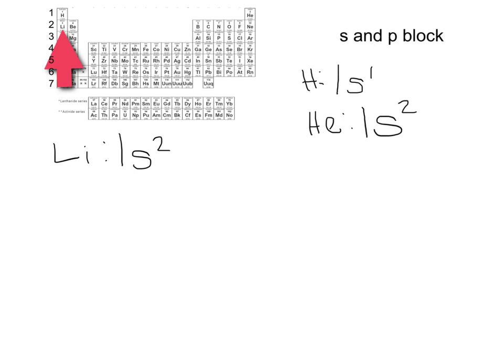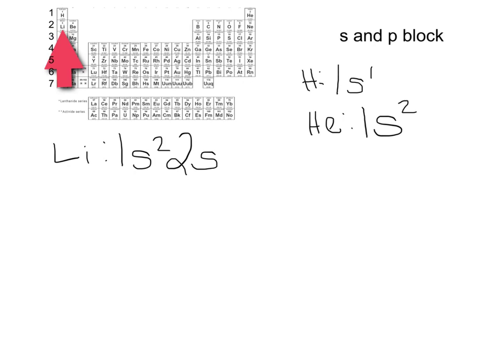And now that I'm able to do that, I can go on to the second energy level. If you look, lithium right there is the first one in the second energy level. So now I am in the second energy level. What block am I in? Well, it looks like I'm still in S block right over here, and I have to count over 1 to get there.